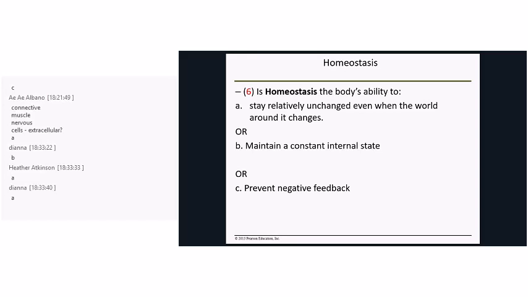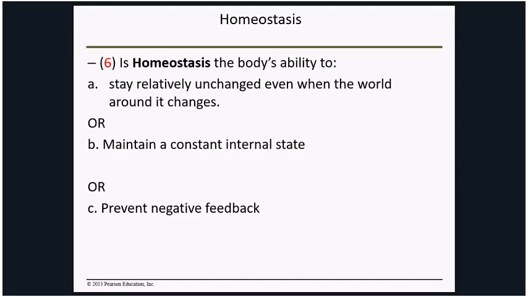It could go down slightly as I cool off some. Or if I go outside and it's 30 above, my temperature might fluctuate slightly. Or even when you first wake up in the morning, your temperature tends to be a little bit lower than later in the day. So the answer is actually A. So it's just staying relatively unchanged. You're still going to have some fluctuations, but really small ones, even though your surrounding environment is changing. So that is homeostasis.